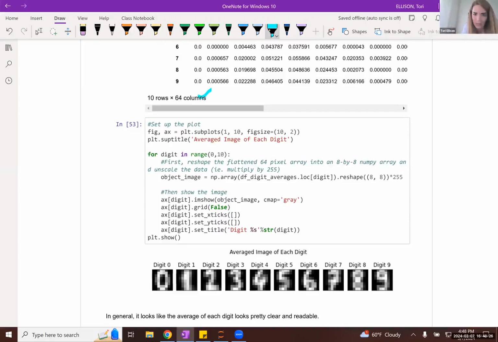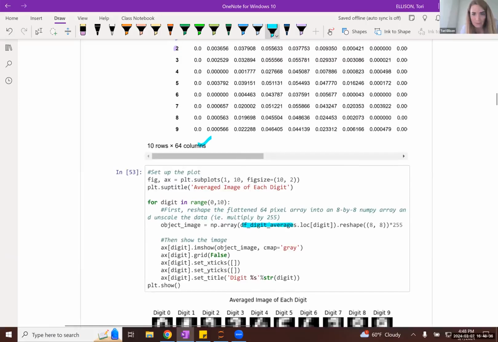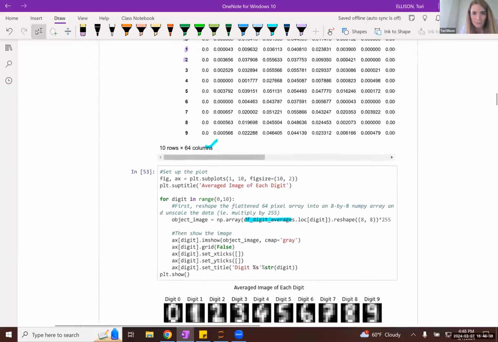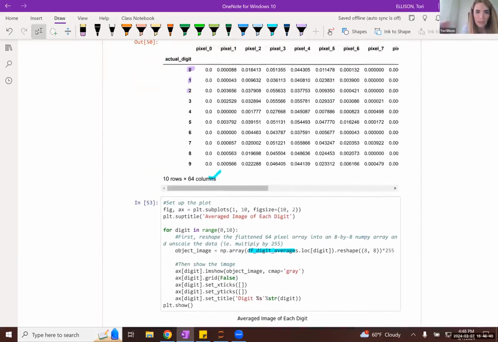So I'm using a similar subplot function that I just described above. What I'm going to do now is iterate through each of my digits from 0 to 9.